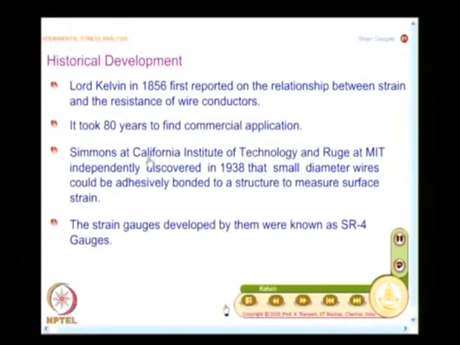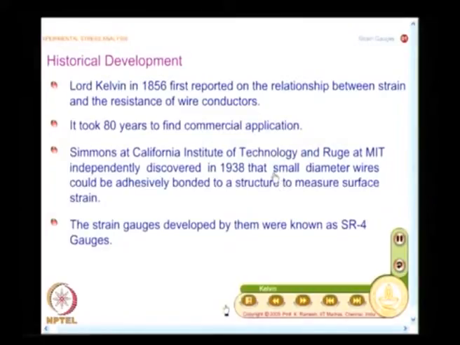The strain gauge developed by them was famously known as the SR4 strain gauge. We will see S stands for Simmons and R stands for Ruge, and 4 stands for a team of 4 people who contributed. We will see that development in detail.